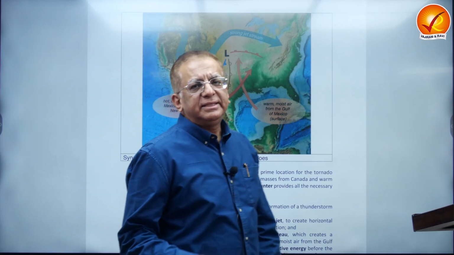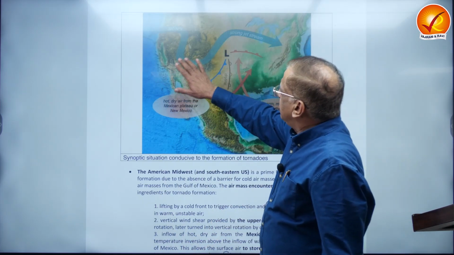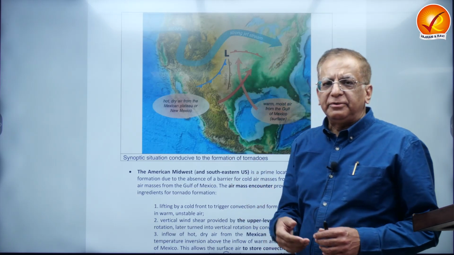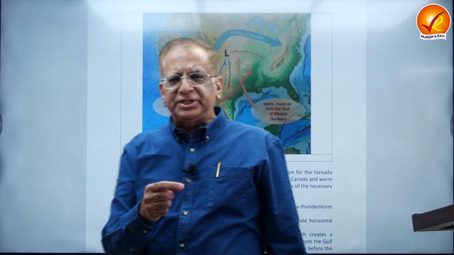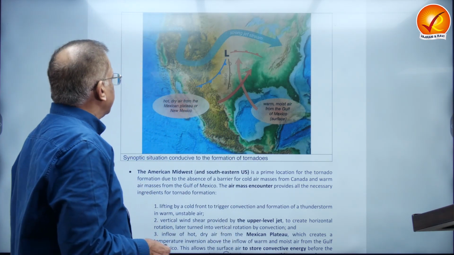And then you have the jet stream in the upper troposphere, which is also playing a role in providing the essential elements needed for a twister to form.